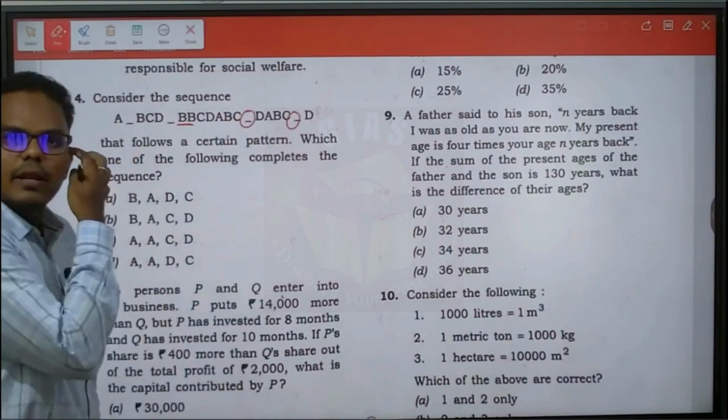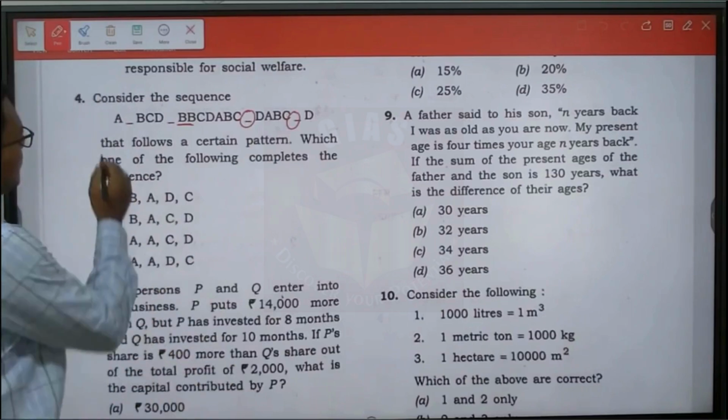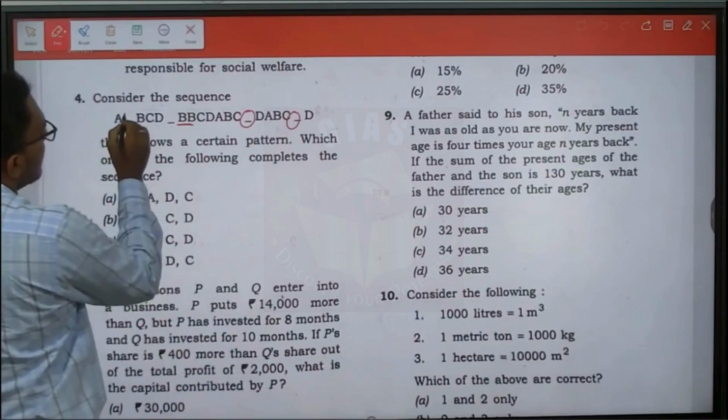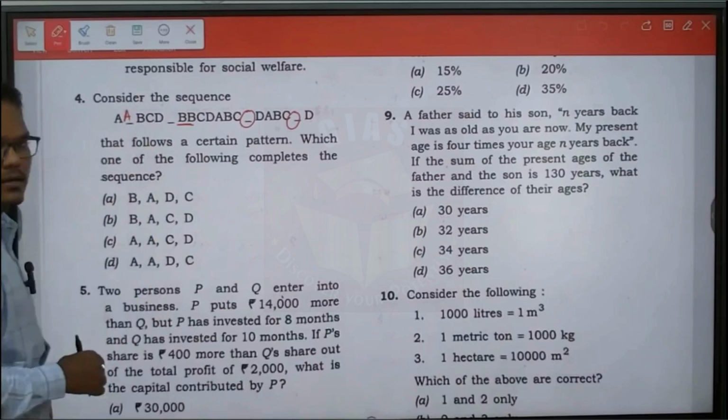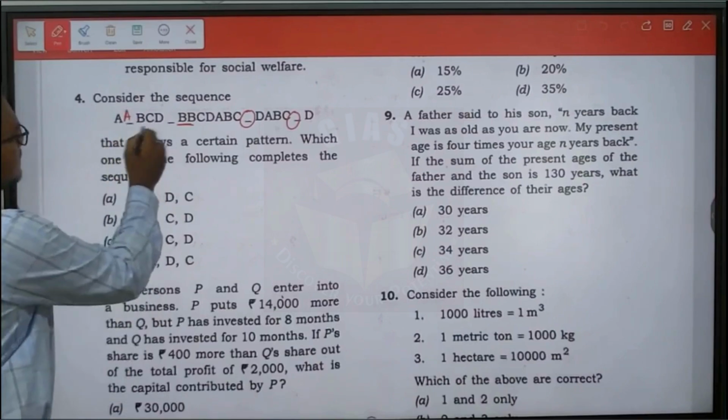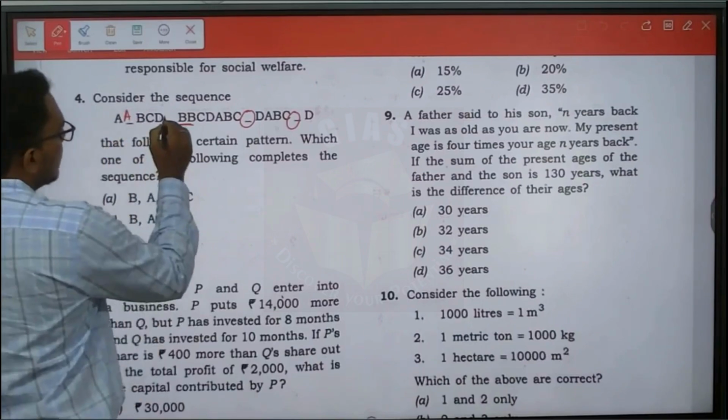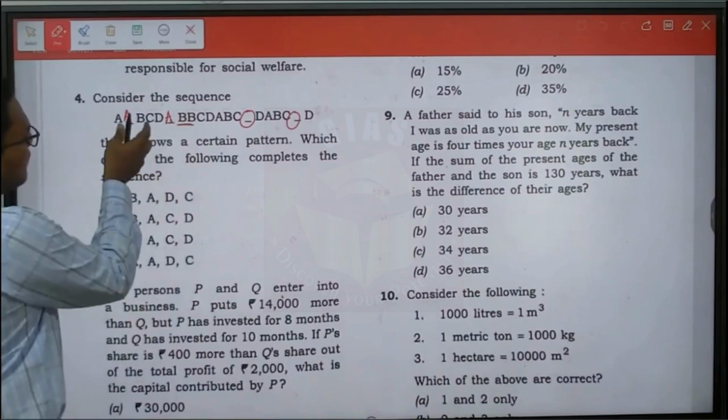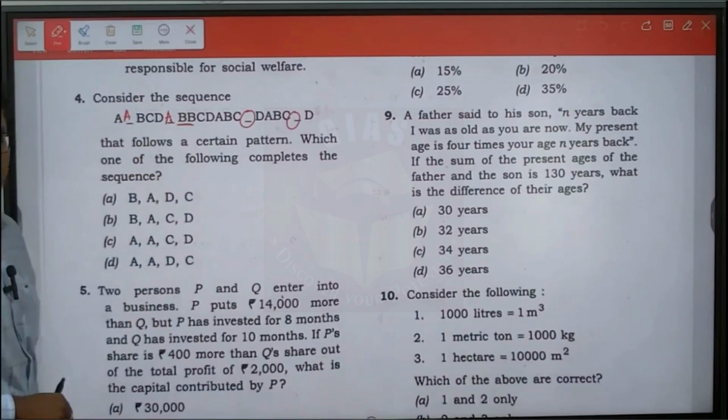If you connect all this, first they have written A, repeating A, then B, C, D. In the first sequence they have repeated the first letter.